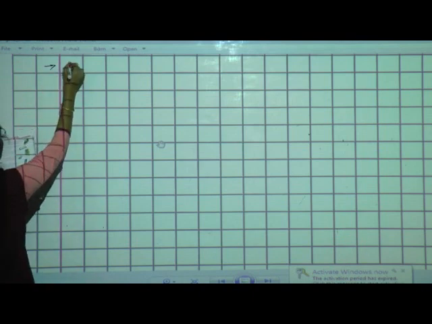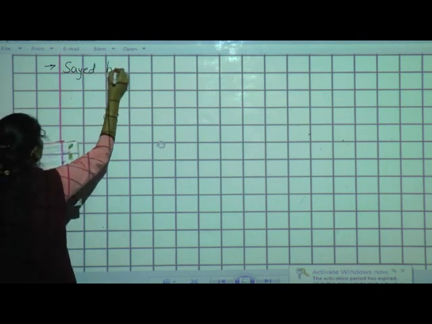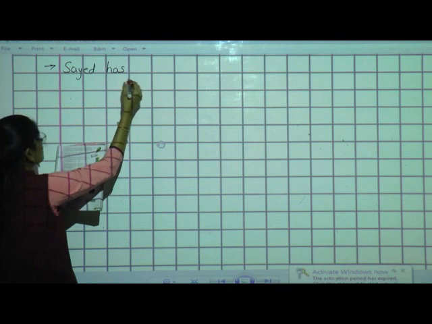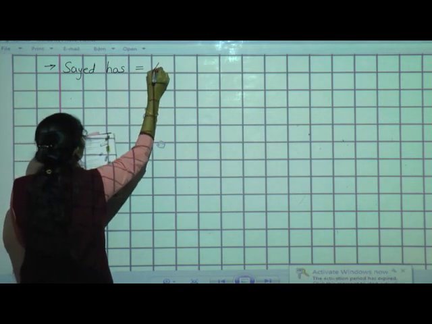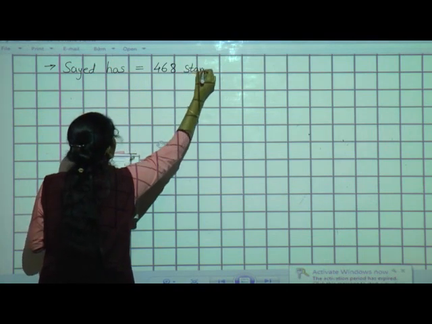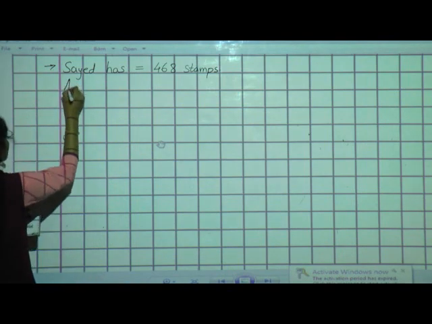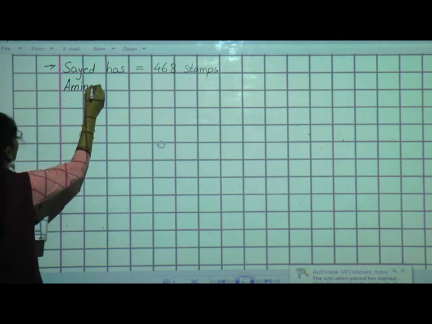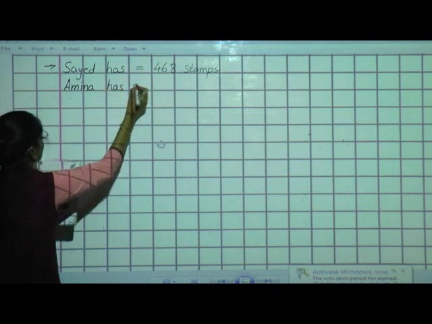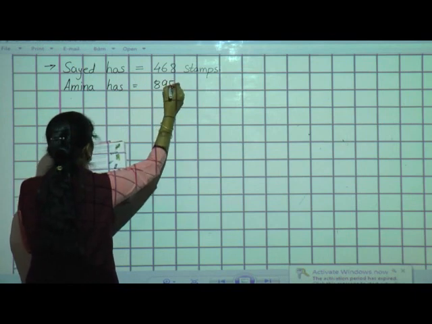First of all we will write: Sayyid has 468 stamps. Now his sister Amina has 895 stamps.